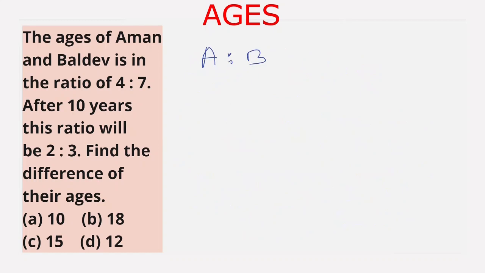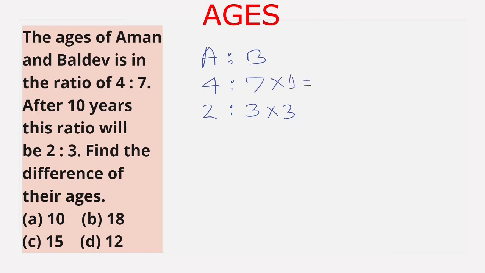A ratio B is 4:7, and after 10 years this becomes 2:3. The difference between 4 and 7 is 3, while between 2 and 3 is 1. So we have to make this difference equal. So we multiply 2:3 by 3 and 4:7 by 1.